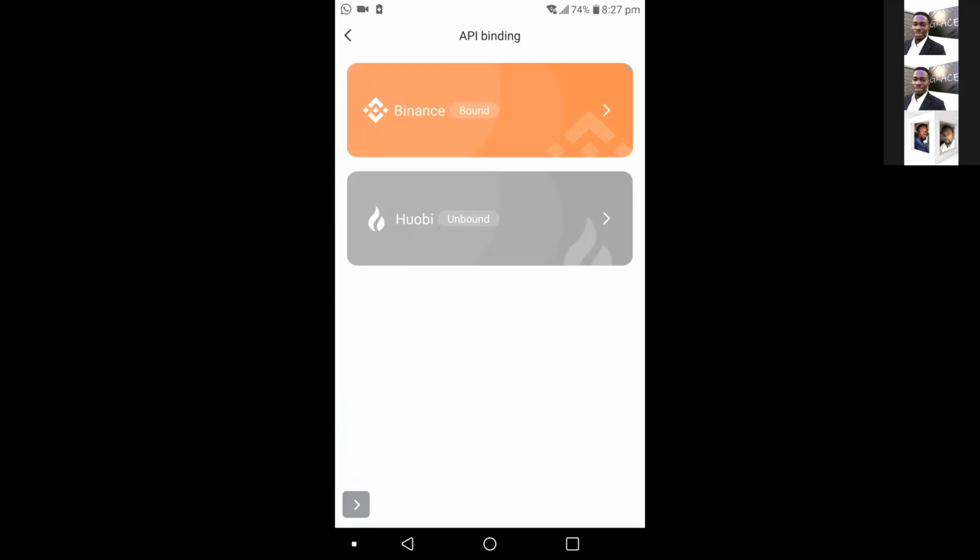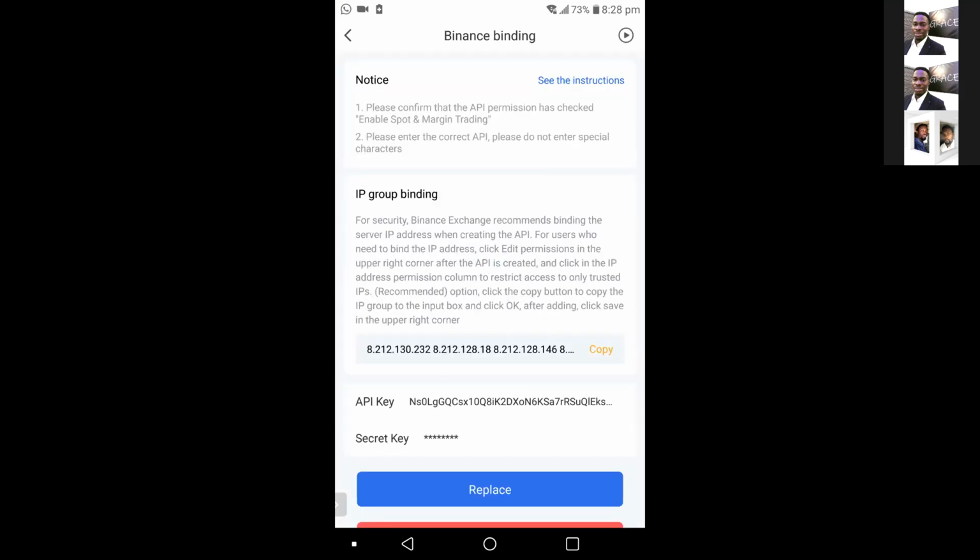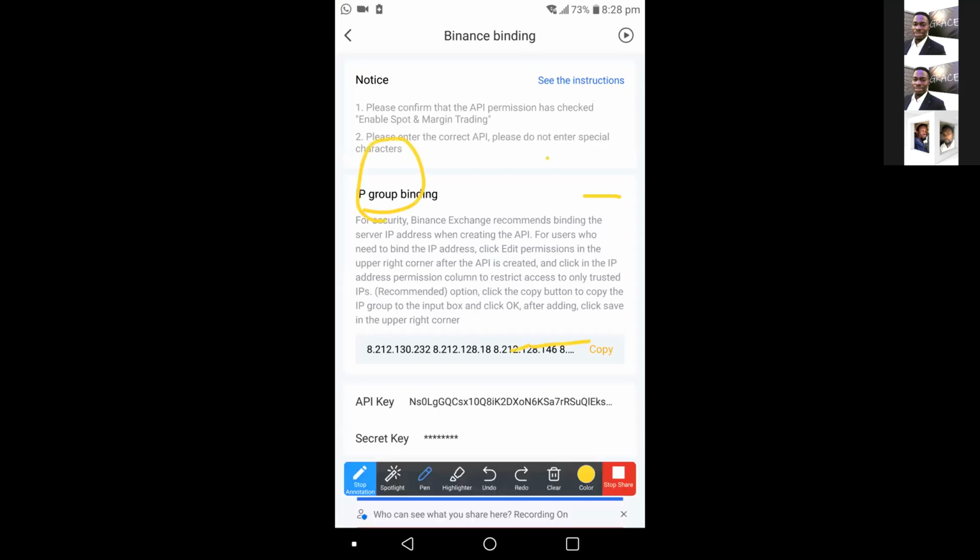You see that there are just two crypto exchanges that RoyalQ works with, Binance and Huobi. You copy this IP address group here.